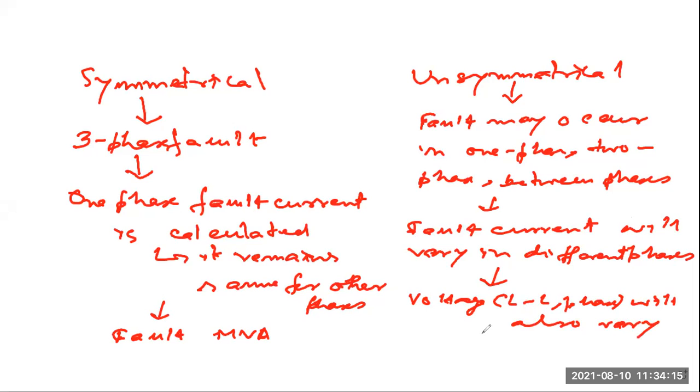In that case, the whole system is of an unbalanced nature. So we can understand that unsymmetrical fault and symmetrical fault are totally different. Symmetrical fault will occur in a balanced system, unsymmetrical fault will occur in an unbalanced system.